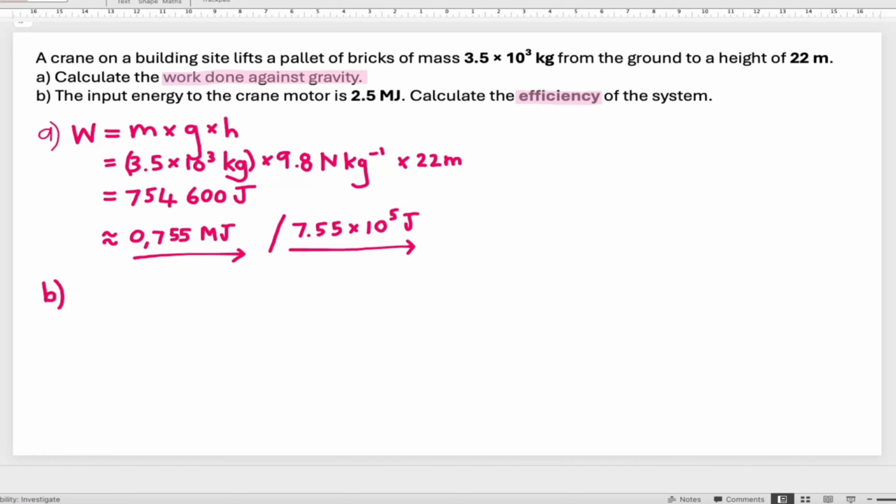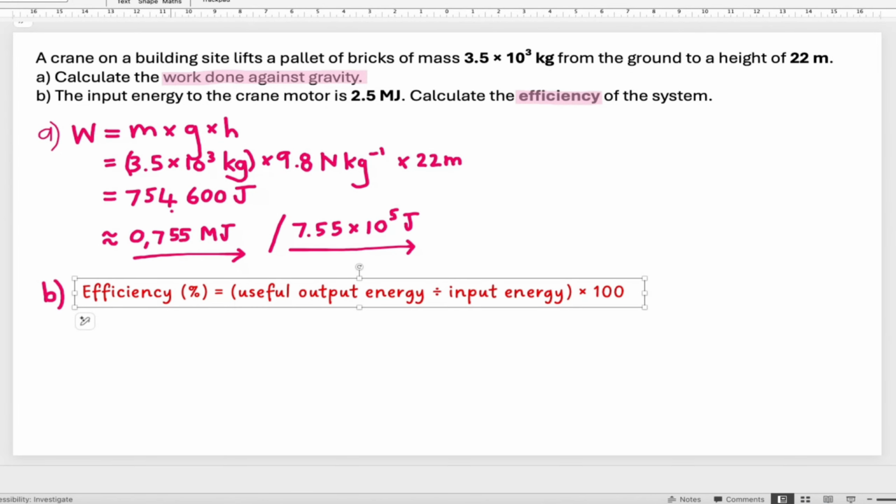We ignore losses other than those already accounted for in efficiency. We are going to use this formula: efficiency is equal to the useful output energy divided by the useful input energy times 100.